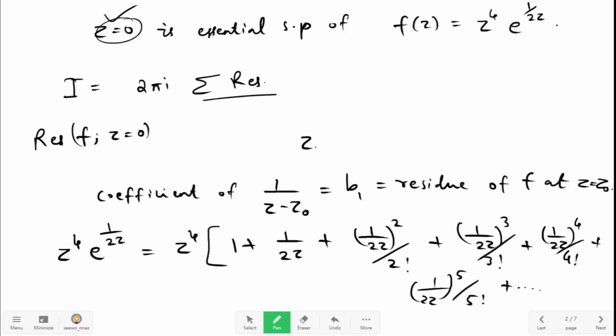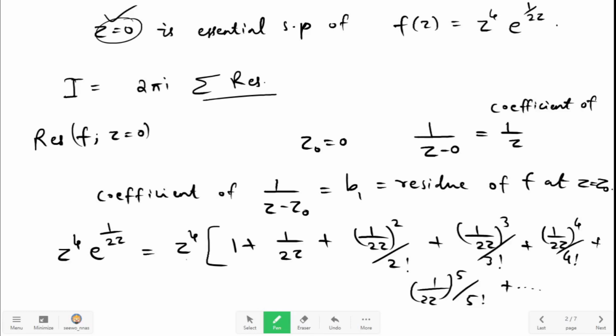Now z naught here is equal to 0, therefore we are interested in the coefficient of 1 by z minus 0, that is 1 by z. We have to find the coefficient of 1 by z.